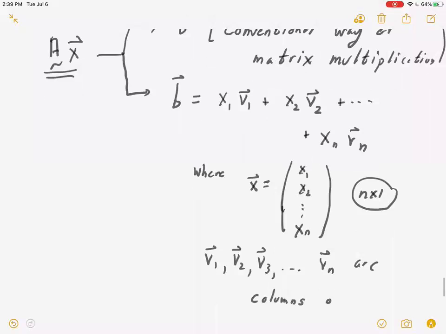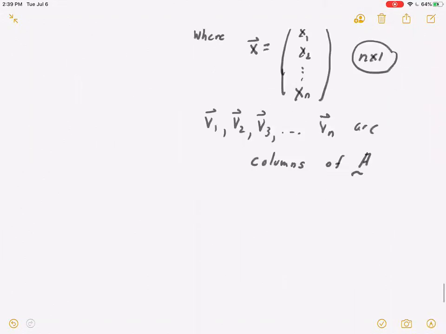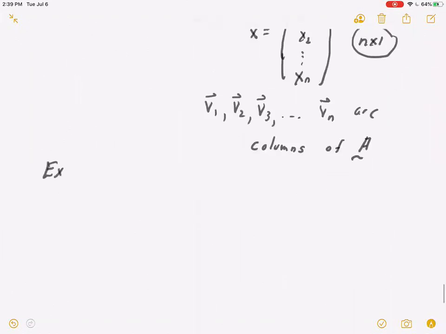These are the columns of A. Okay, so let's pull all this together and go through a nice example.